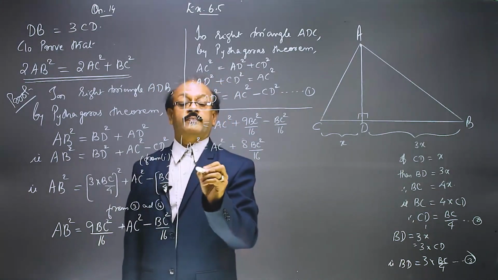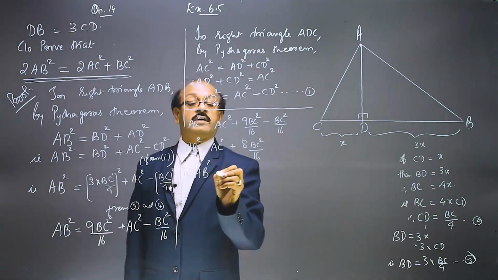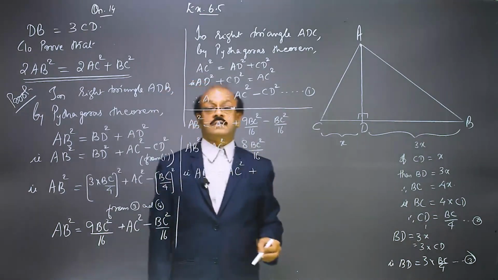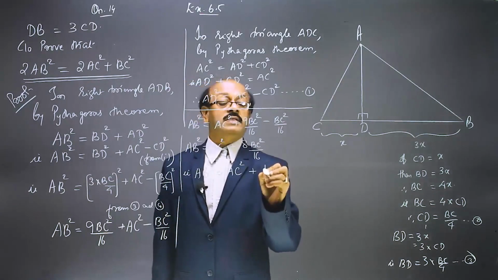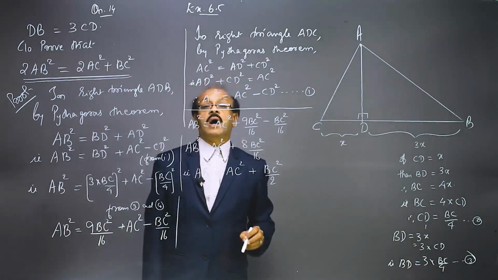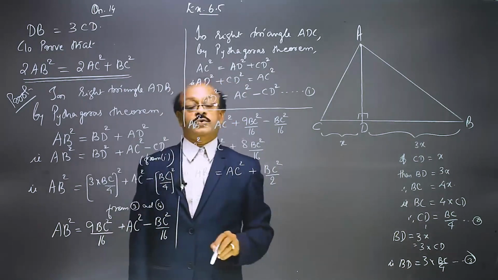That is AC square plus 8BC square divided by 16. Cancelling 8 and 16, it will give BC square divided by 2. Now, we have to multiply throughout by 2.